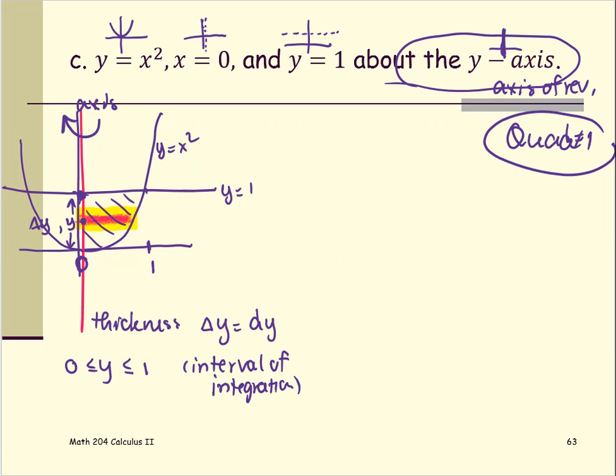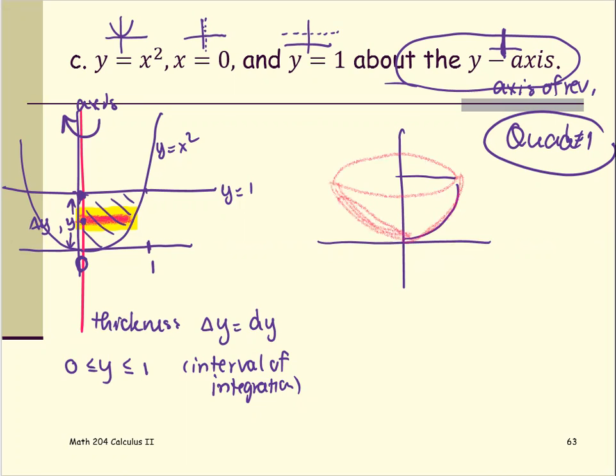Next, once you rotate it, you form the solid of revolution, kind of a ball. So one cross section forms a disc.